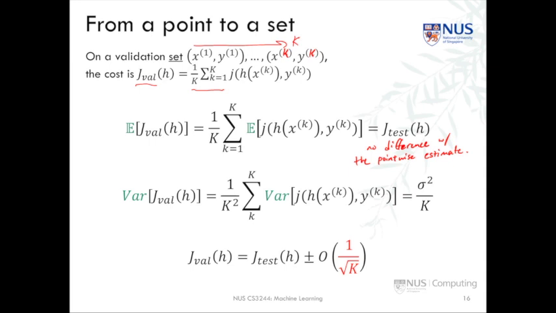How about having K points for the variance? Will that help? Well, let's take a look. In calculating the variance of the test cost over the validation set, we're going to have the validation of individual points again. The variance is actually a little bit different because we're going to have a double summation here, which we can draw out.